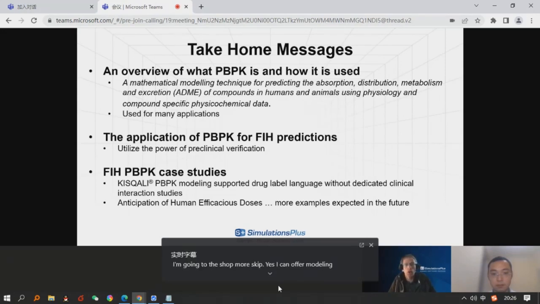The second part of the question, how should companies design? I think that should be design their DMPK studies. Those studies should be designed with the end in mind.